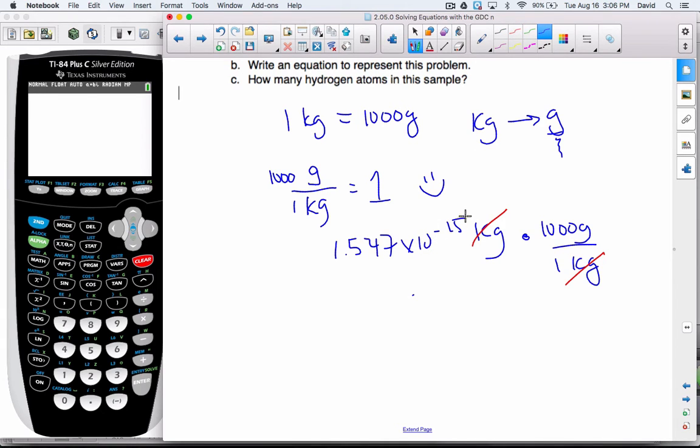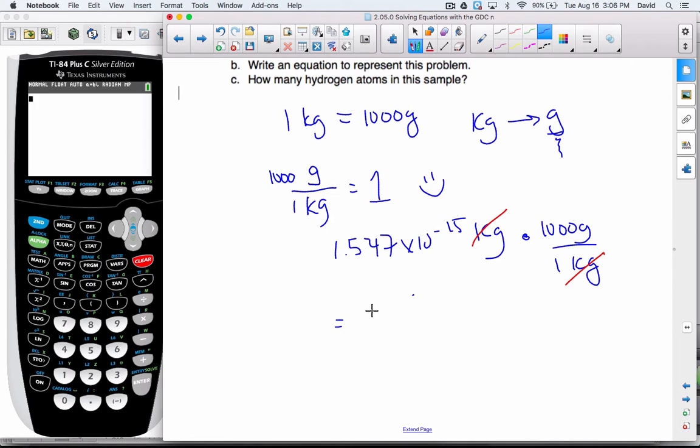This is a really small number, and I'm going to make it bigger. How do I make it bigger? It's the large negative exponent that's making it so small. If that negative number went from 15 to 14 and then to 13, the number is getting bigger.